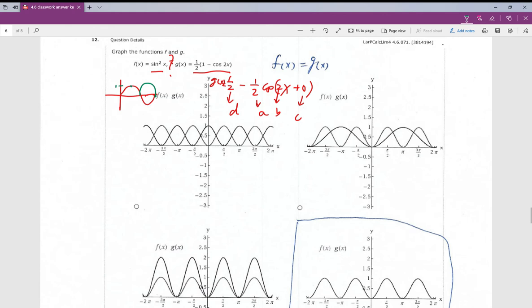And then the fraction squared, like 1/2 becomes 1/4, is smaller. But 1 is still 1. You need to keep that in mind.